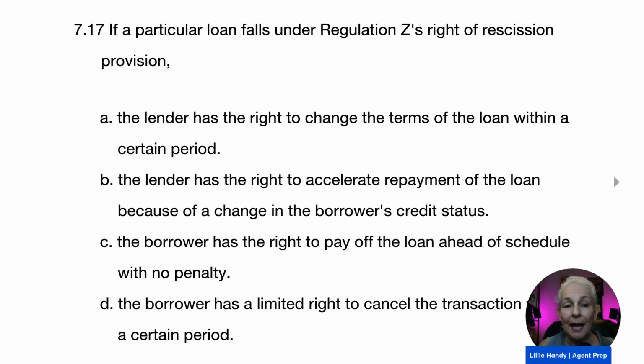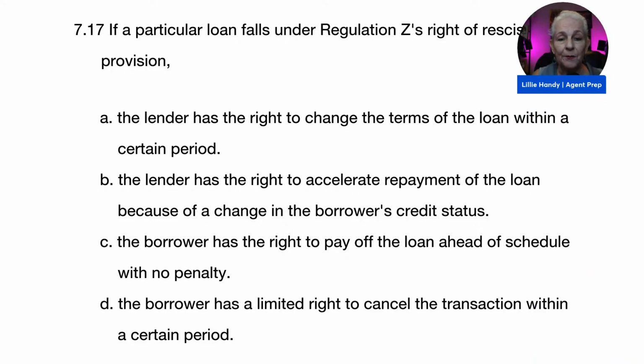C, the borrower has the right to pay off the loan ahead of schedule with no penalty. Or D, the borrower has a limited right to cancel the transaction within a certain period. Okay, certain period. So what is the answer for 7.17?